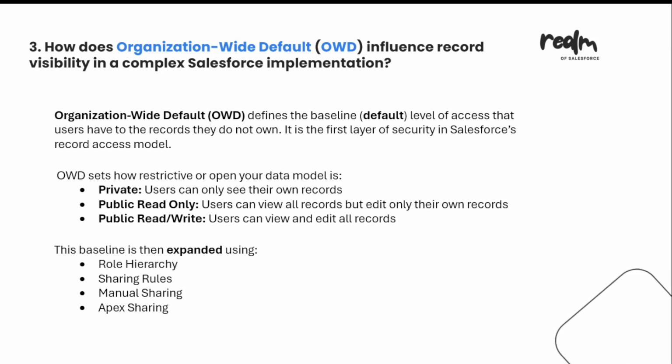Normally in big organizations, they set it first as private and then they open record access via different methods like role hierarchy, sharing rules, manual sharing, and Apex sharing. So it's always advisable to make it private first and then expand the access using different methods.